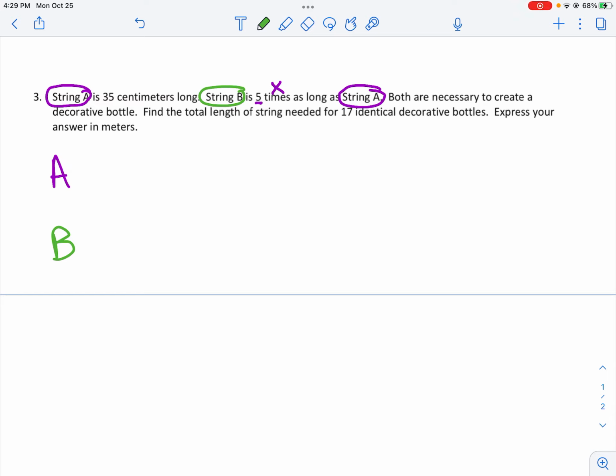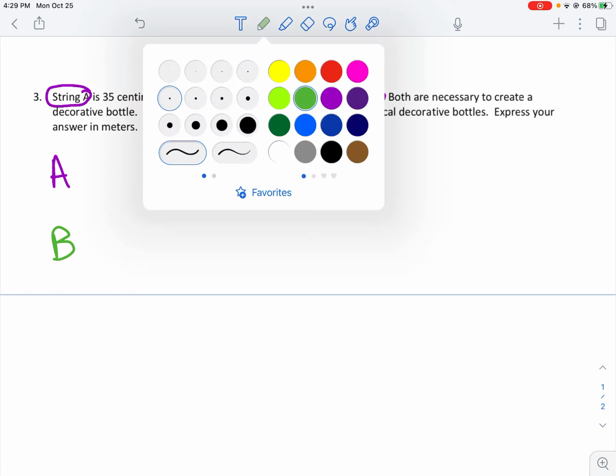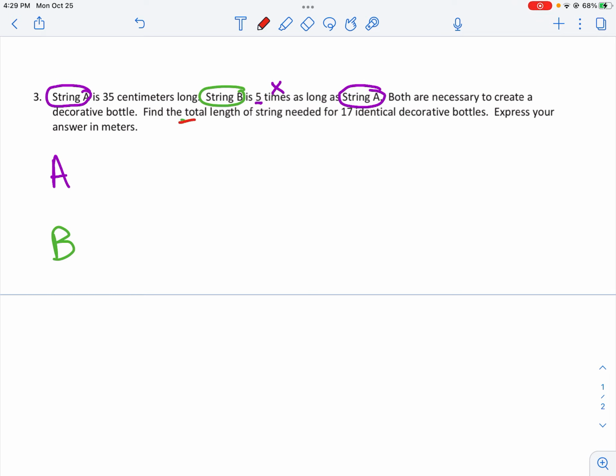So I'm not going to draw it for you, but you should see that there's 2 different strings, string A and string B. Both are necessary to create a decorative bottle. Find the total length of string needed for 17.